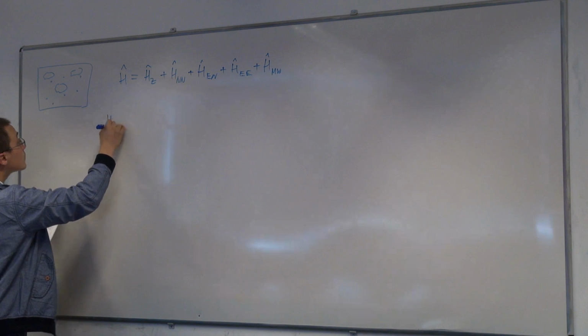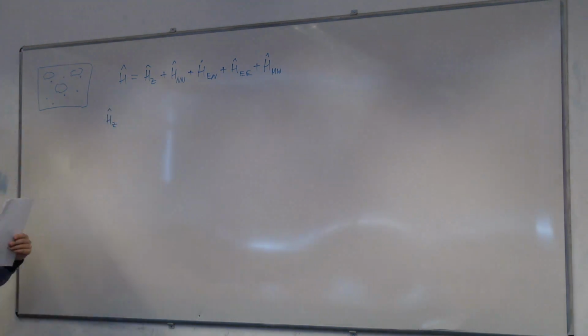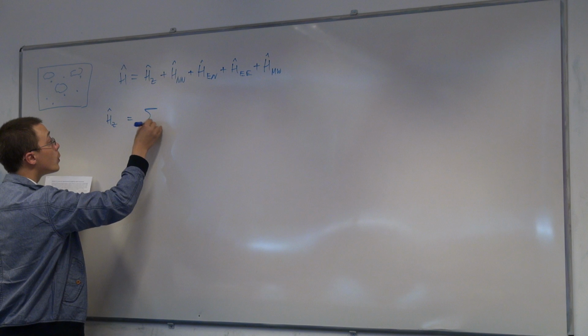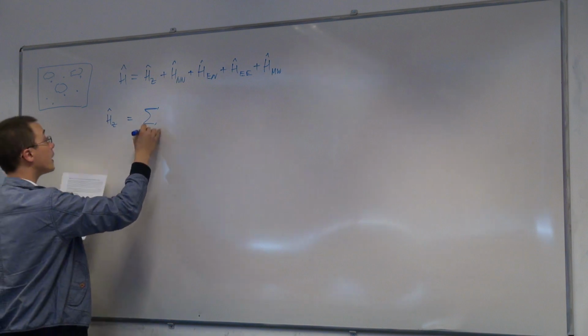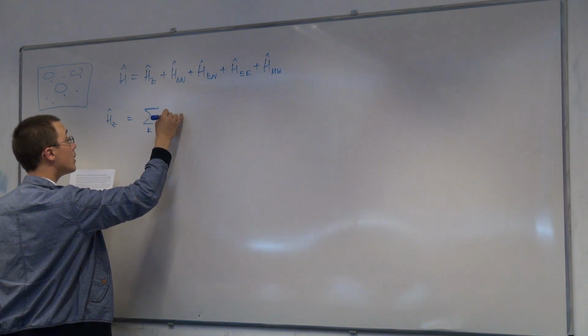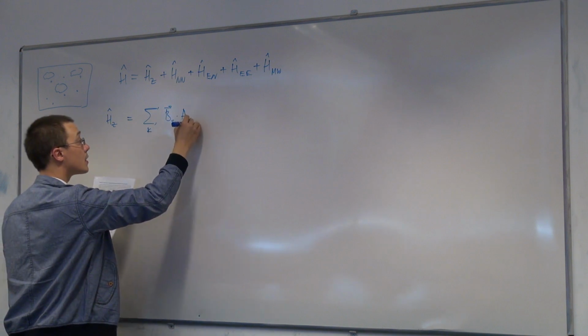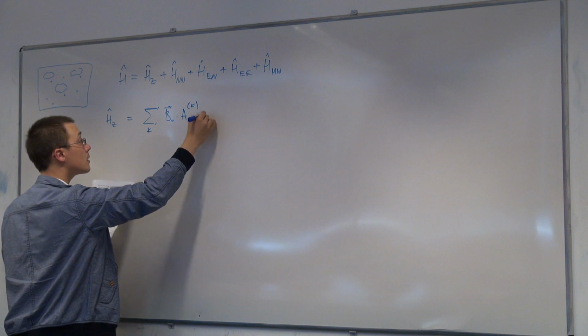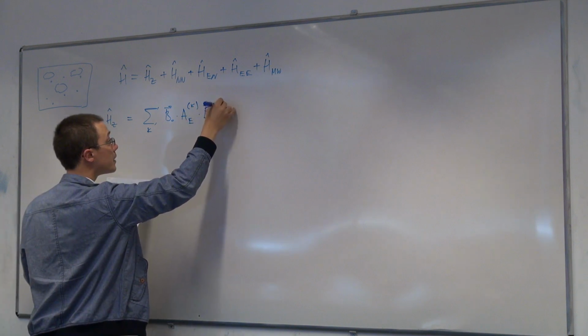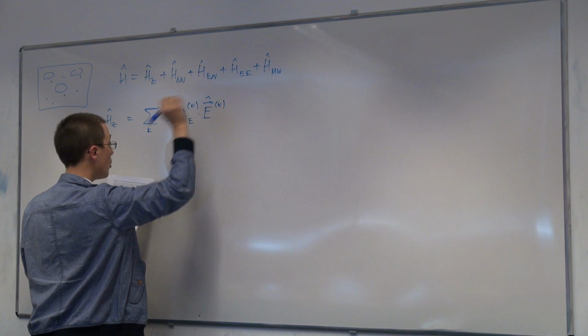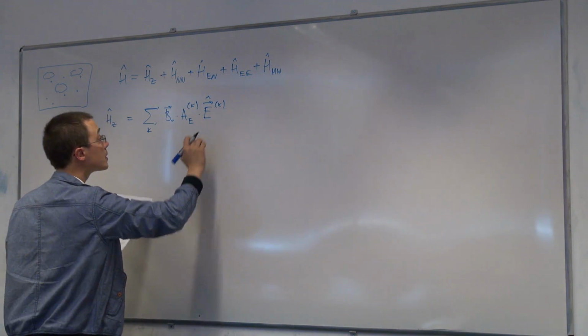So H_Z, the Zeeman Hamiltonian, would have been simple if we had it in a liquid, but we have it in a solid. So it is anisotropic, it is orientation dependent, and so we must put in the full buck. So we will sum over the electrons, so sum over k, B0 vector, then the Zeeman tensor of the kth electron in the system, and then the Zeeman operator for the kth electron.